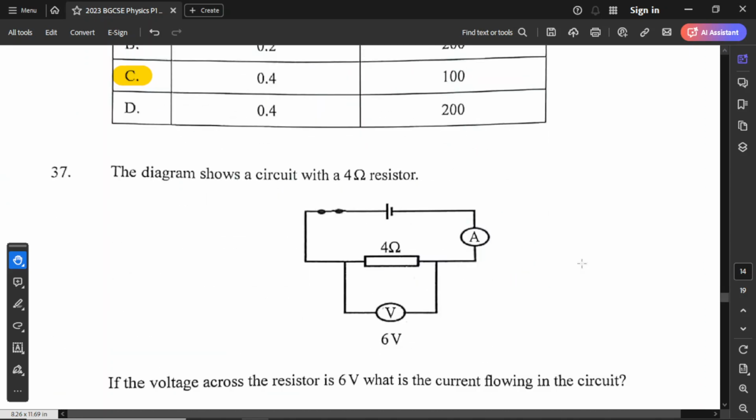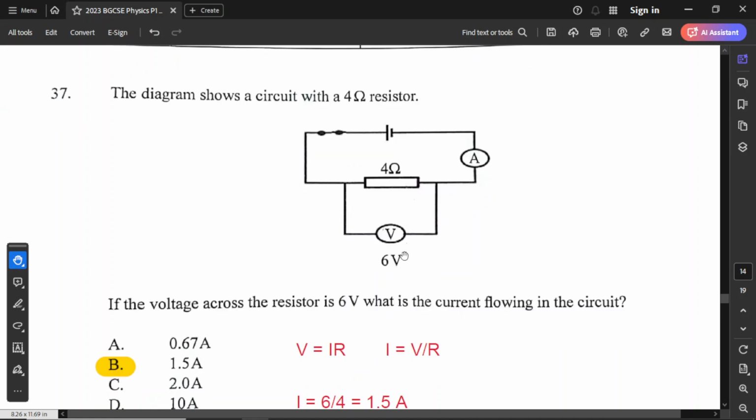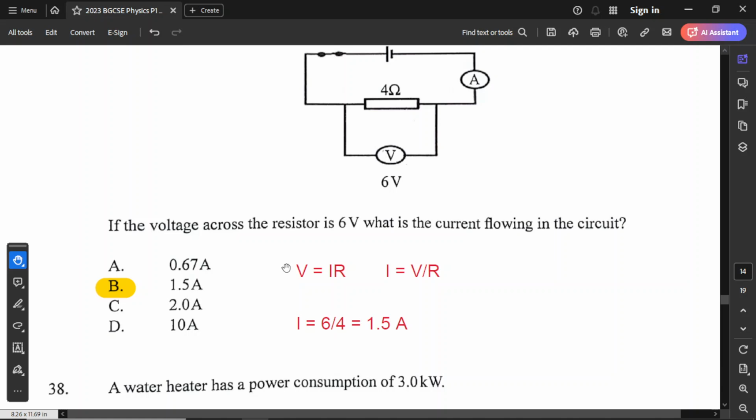37, this diagram shows a circuit with a 4 ohm resistor. Notice the 4 ohm resistor right here. We have A, which is the ammeter, and V represents the voltmeter, and the voltmeter is saying 6 volts. It asks if the voltage across the resistor is 6 volts, what is the current flowing in the circuit?